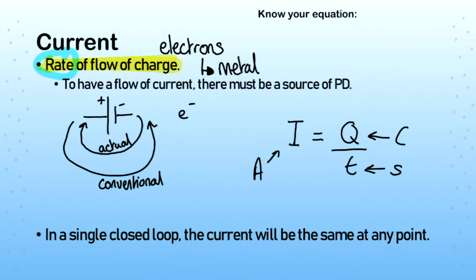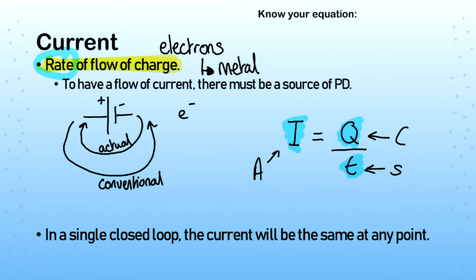And that's our definition. The definition of current is charge per second passing a single point. How many electrons or ions are passing a point every second? That is our current. If we have a higher rate of flow, we have a higher current.